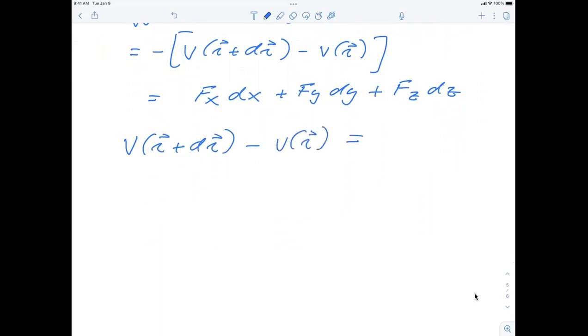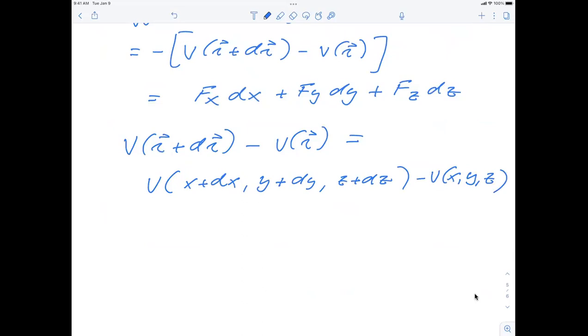And this is nothing but something which we can rewrite now in terms of the different components: x plus dx, y plus dy, and then z plus dz, minus V of x, y, and z. So let me know if something is unclear here. Right?